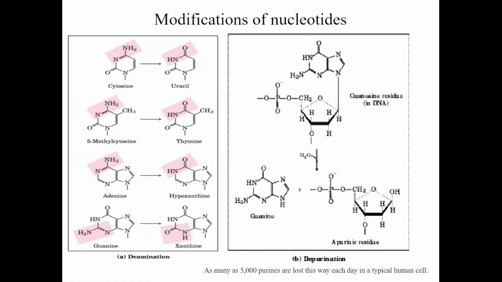Because DNA and RNA are chemically active substances, a lot of spontaneous random transformations are possible. For example, spontaneous oxidation: cytosine will be transformed to uracil.